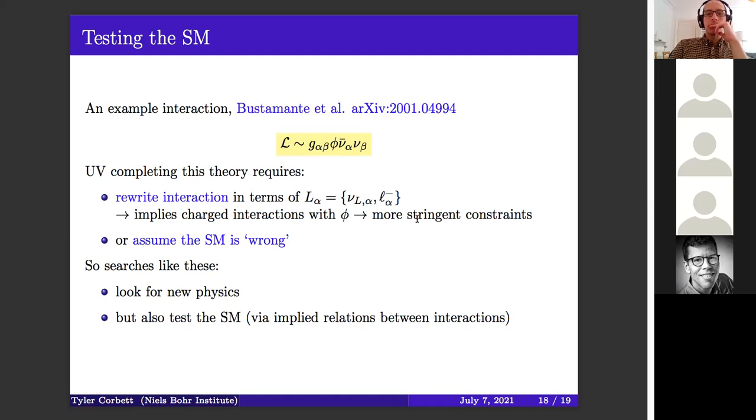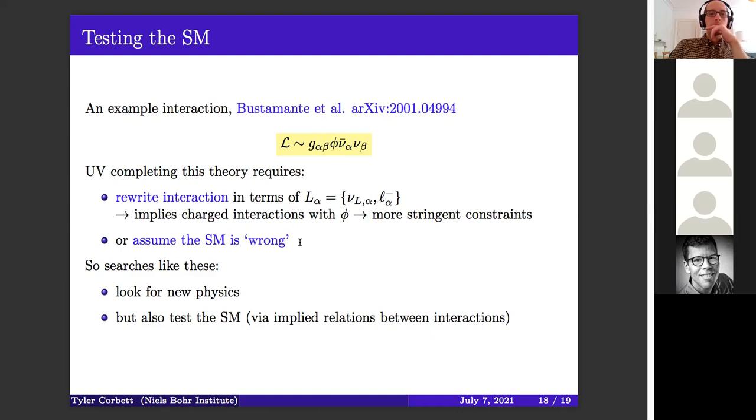And technically, you're more likely to get more stringent constraints from those charged interactions because it's very easy to see charged particles. So really, UV completing this theory requires that either I put the particles into the standard model representations, and there's some charged interactions that'll give me more stringent constraints, or I assume the standard model is wrong.